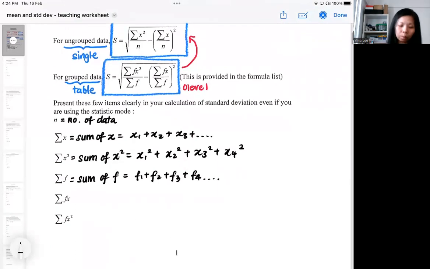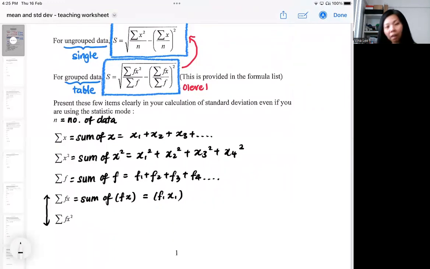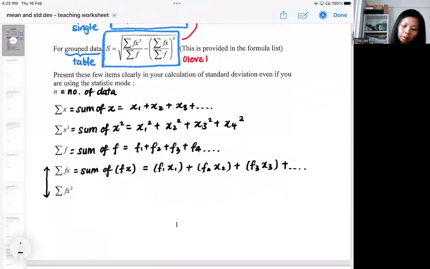Then these two will be the ones that a lot of people get confused. This one represents the sum of fx, meaning you multiply f and x, and then you add them up. Later on, I will show you all this in numerical format. Then this one will be the sum of fx squared.